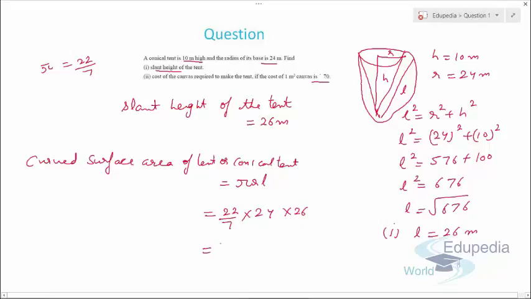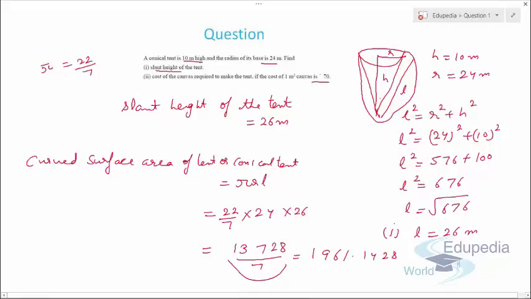We need to do 22 times 24 times 26. So this will come out to be 13,728 divided by 7. So when we divide this number by 7, the answer will come out to be 1,961.1428, right?